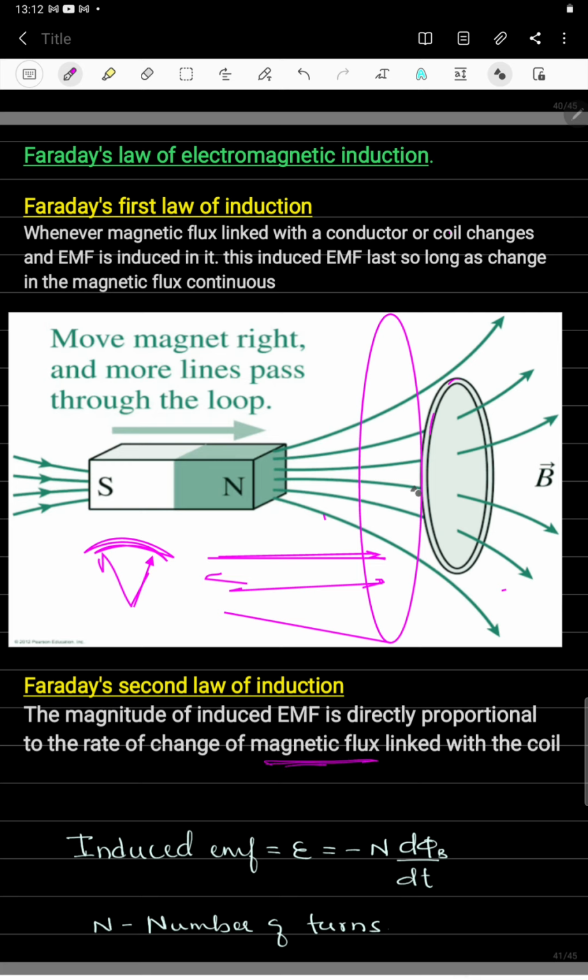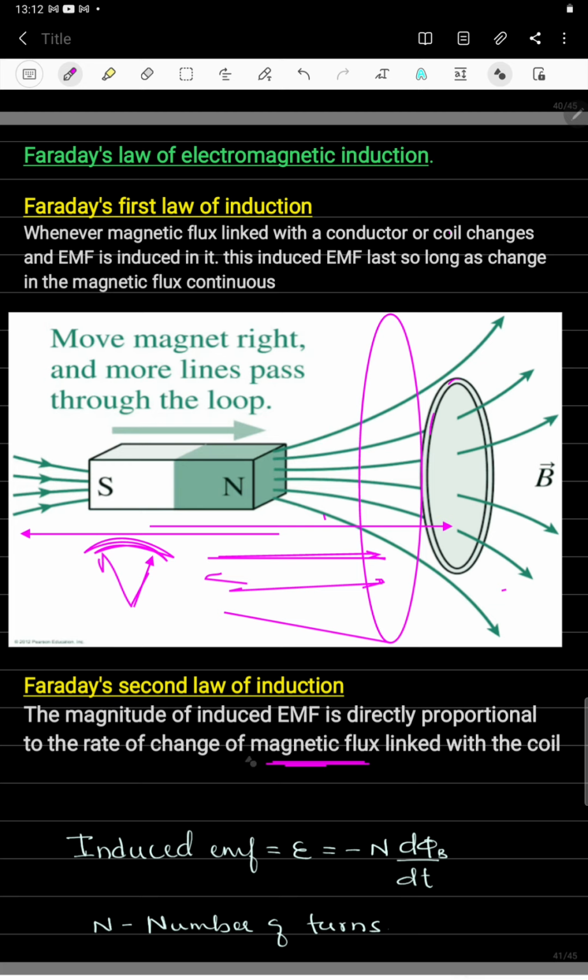If you take the magnet out of the conductor, the magnetic flux lines are very few. If you take it into the coil, the magnetic flux lines are maximum. So the induced EMF depends on the magnetic flux linked with the coil.